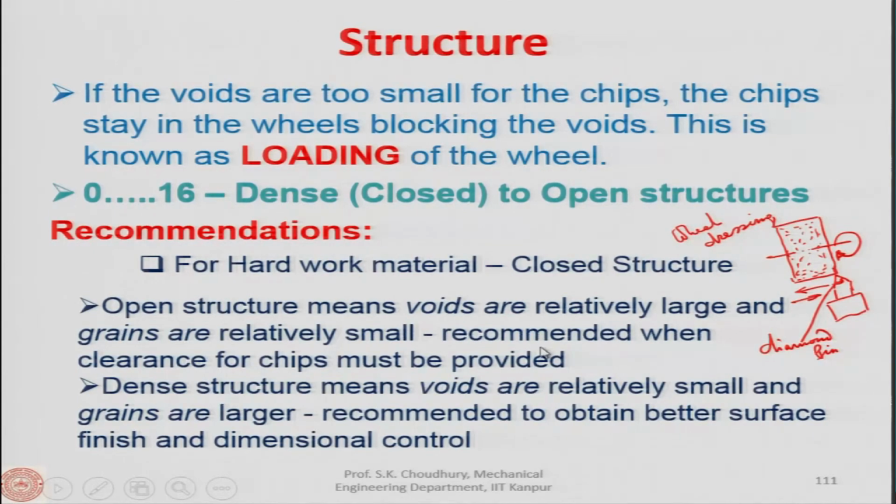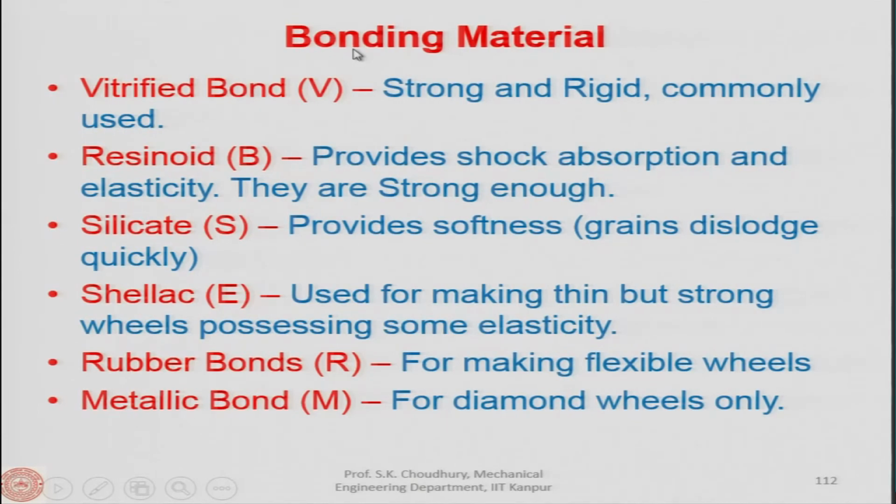The dense structure means the voids are relatively small, opposite to the open structure, and the grains are therefore larger, and that is recommended to obtain better surface finish and dimensional control. Next to that, finally, is the bonding material.